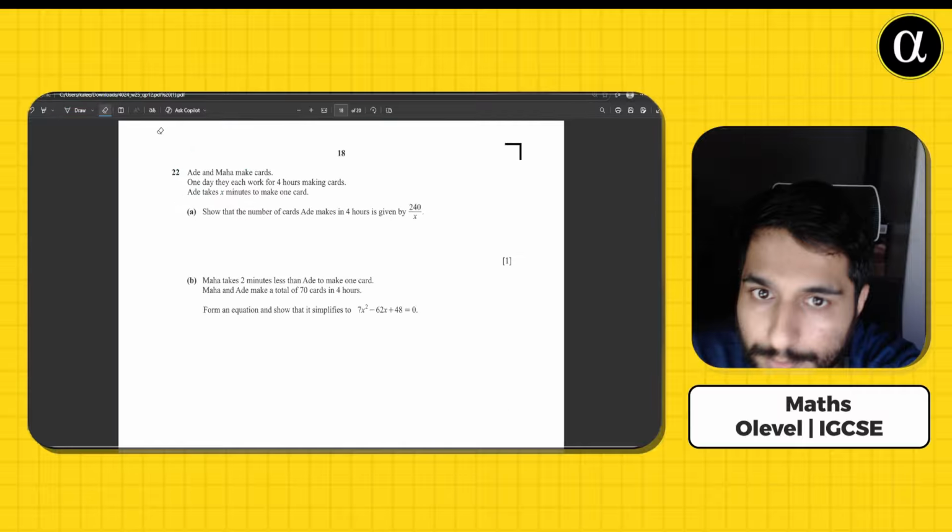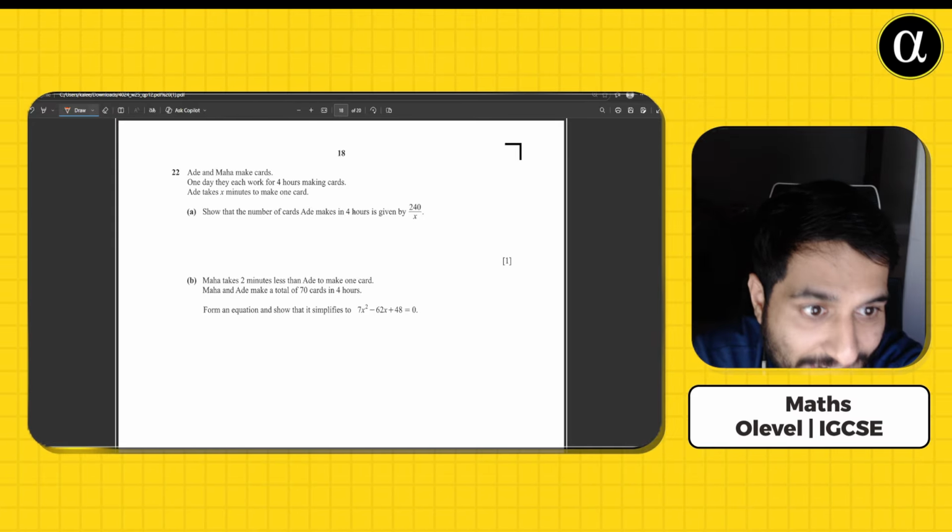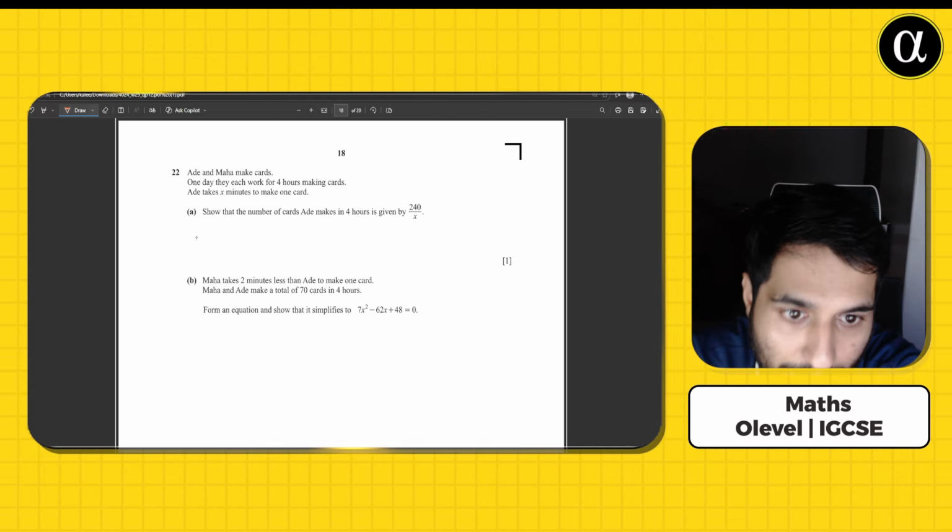All right, question number 22 states that Aid and Maha make cards. One day they each work for 4 hours making cards. Aid takes x minutes to make one card, and hence we are supposed to show that the number of cards Aid makes in 4 hours is given by 240 over x.